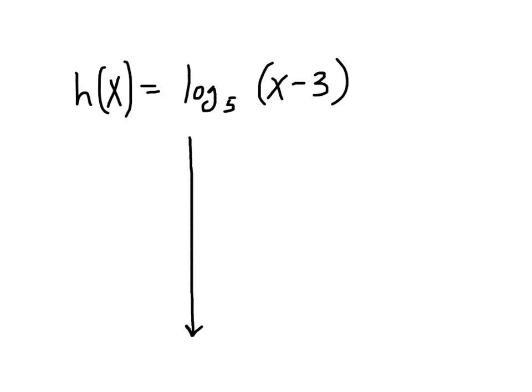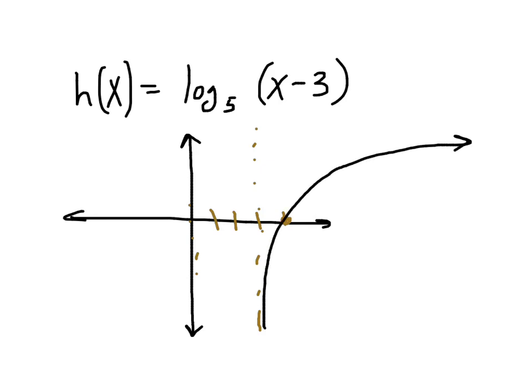If it's a minus 3, we're going to shift everything to the right 3 units. So instead of crossing at 1, it's going to cross at 2, 3, 4. It's going to cross here. Instead of having the asymptote being here, it's going to be here. So we're just going to shift everything over. It's going to look the same, or as best we can.